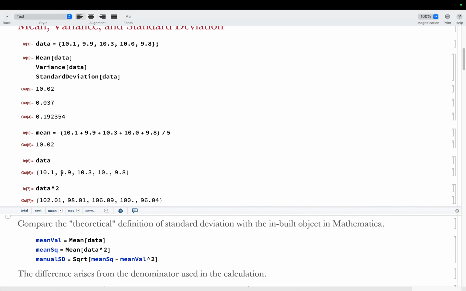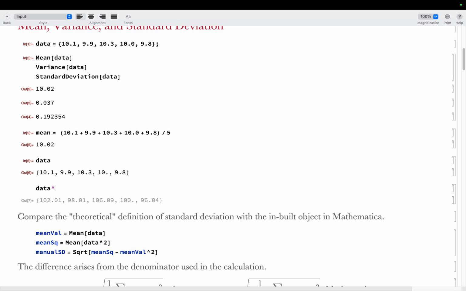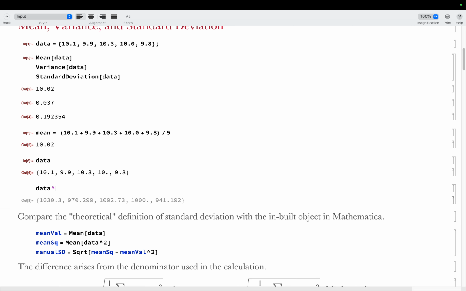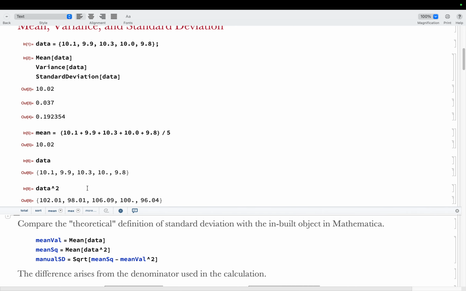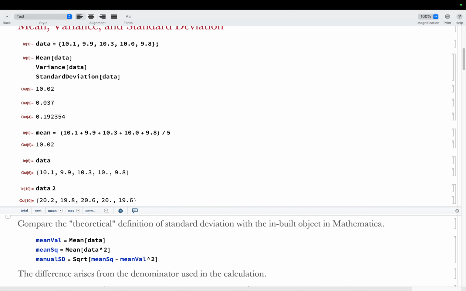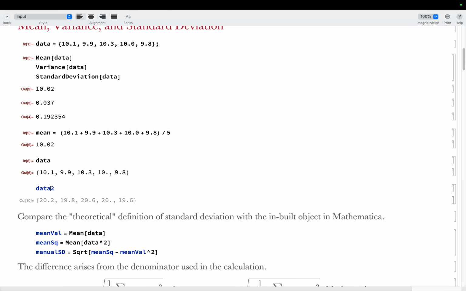You check: the first element is 10.1, its square is 102.01, and then 9.9 is squared, right. If you put a cube, every element is cubed. Or if you multiply it with, let us say, 2, every element in this array is multiplied by 2.